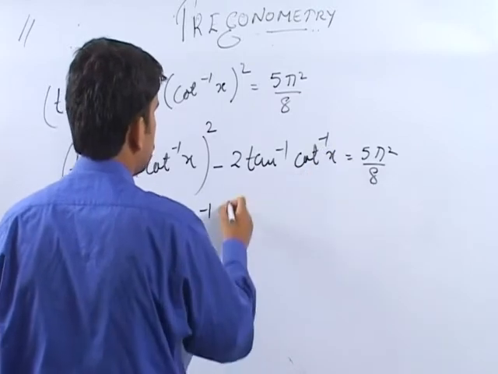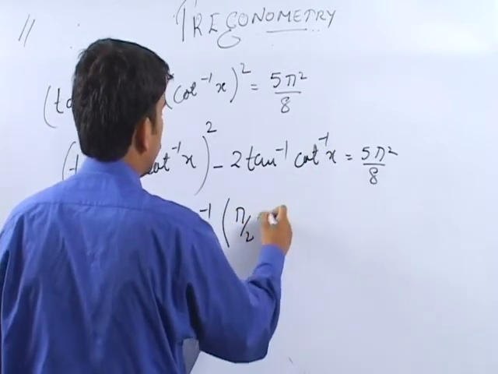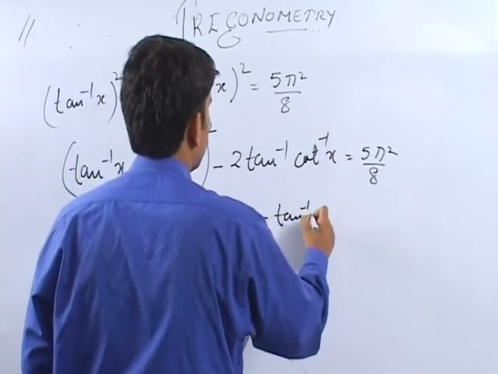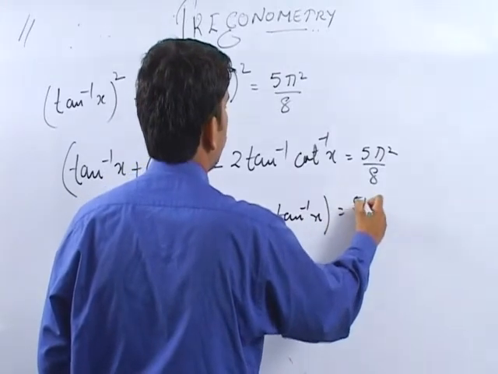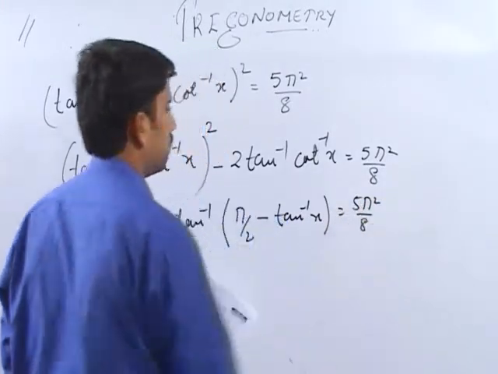Cot inverse x is pi by 2 minus tan inverse x, so the equation becomes (pi by 2 minus tan inverse x) squared plus (tan inverse x) squared is equal to 5 pi square over 8.